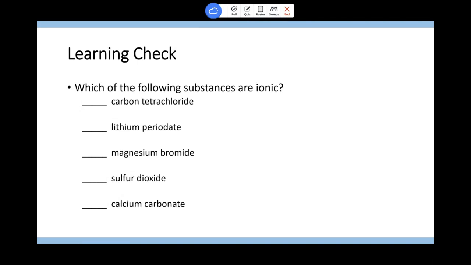We first have carbon tetrachloride. Remember our naming of binary molecular compounds. This is the name of a binary molecular compound where we have carbon and Cl atoms. It's not letting me draw. One sec here. May have froze.